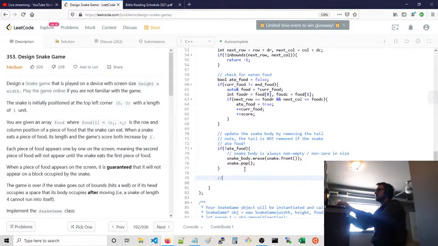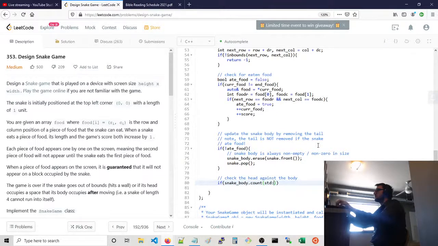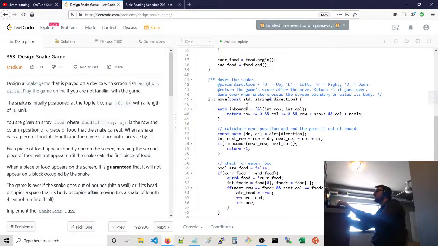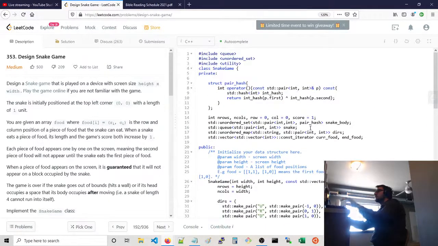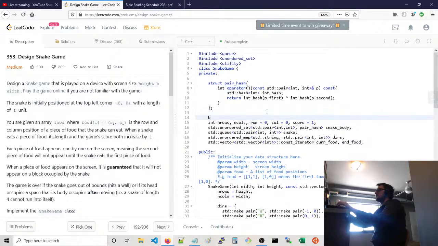And we say check head against the body. If snake body dot count of std make pair of next row, next column, then return -1. Oh yeah, have a boolean here too. Boolean game over is false.